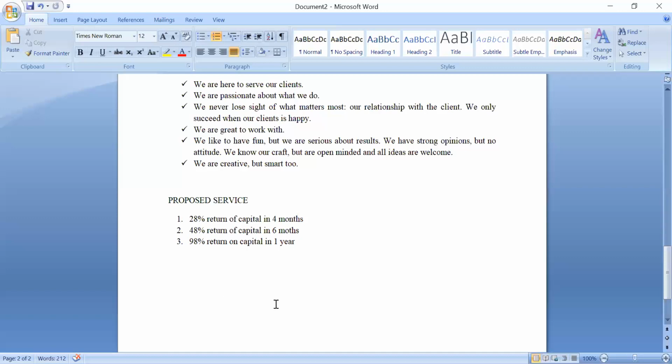Now, my job as the person writing the proposal is to break it down and make sure the person can see what I want him or her to see. For example, I have to break it further. This 28%, how does it work?